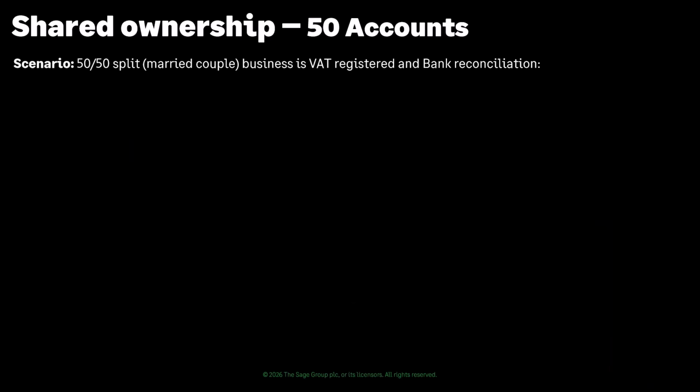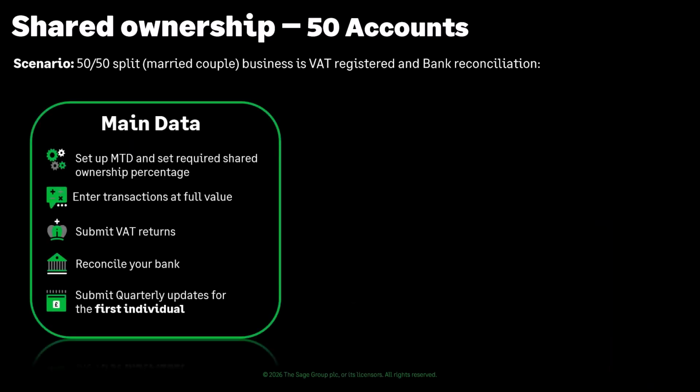So in that case, the values need to be in full amount so that their VAT and their bank rec is accurate. So in their main data, they will need to set up MTD and enter the values in full so that their VAT return and the bank rec balances.